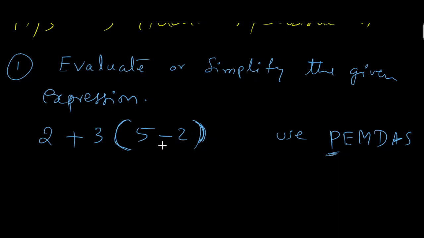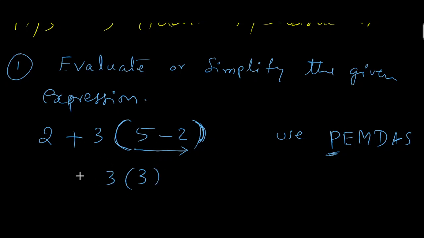No. Any multiplication or division? No. Any addition and subtraction? Yes. Going from left to right, we do whatever comes first. Because subtraction is there, we do the subtraction. So 5 minus 2 is 3.